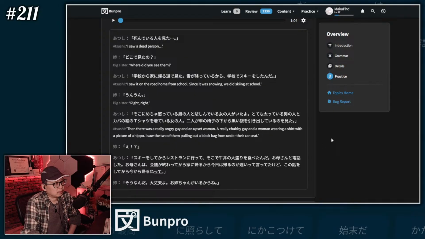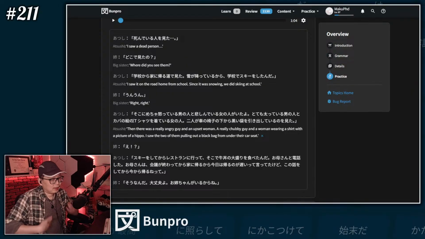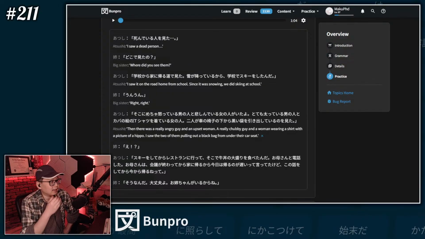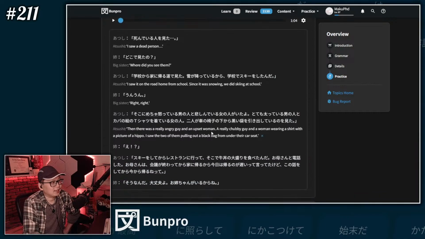And then a really chubby guy and a woman wearing a t-shirt with a picture of a hippo. Oh, a kaba is a hippo. I had no idea what a hippo is. It's just a picture, like they were describing the t-shirt. So okay, so kaba is hippo. And then they saw two of them pull a black bag from under their car seat, right? So that was fine, except for the hippo thing. I had no idea. I'm like, what is on the t-shirt?